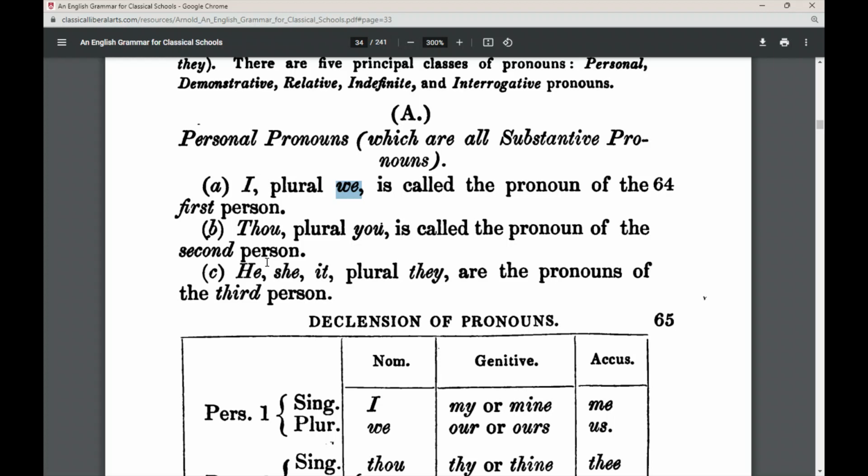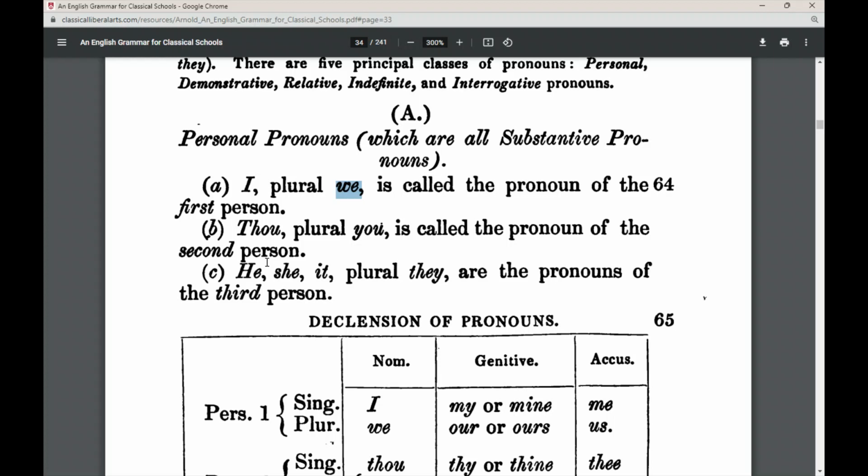The second person names the person being spoken to. So if the man said, I woke up at 7 o'clock this morning, he could ask, what time did you wake up? You is an example of a second person pronoun. Thou and you are called the pronoun of the second person.